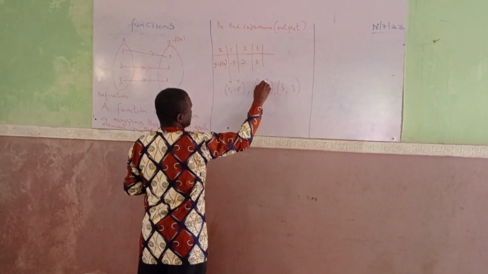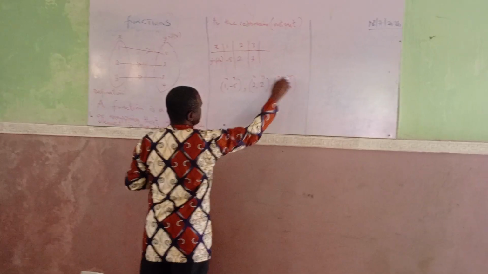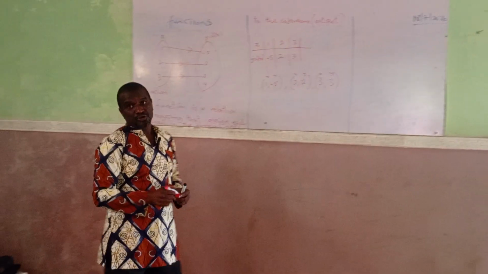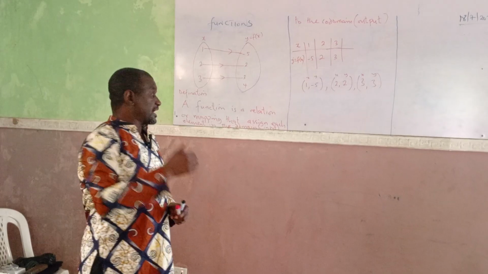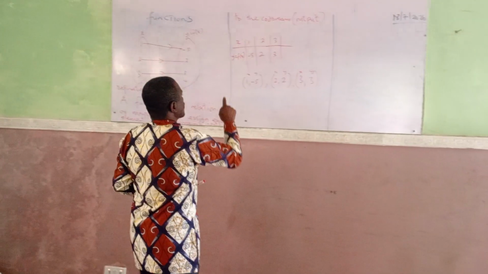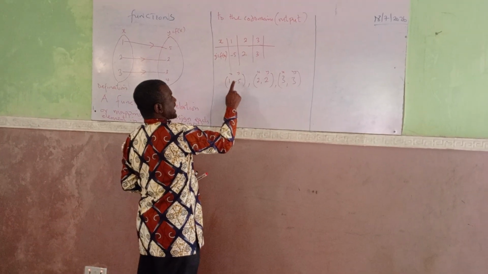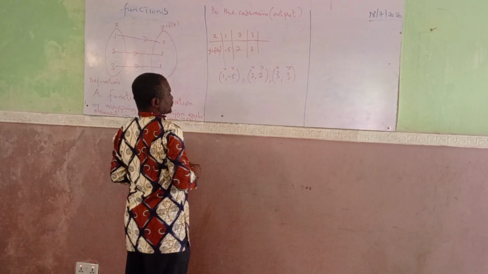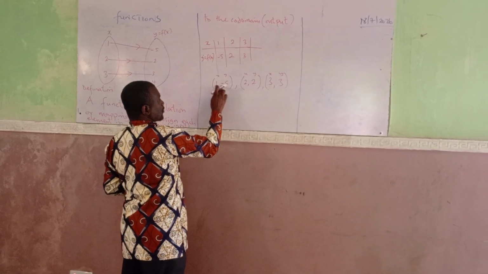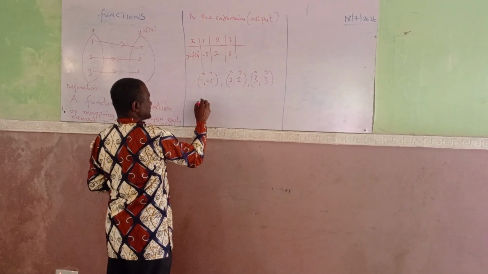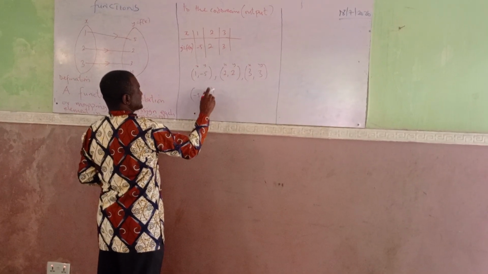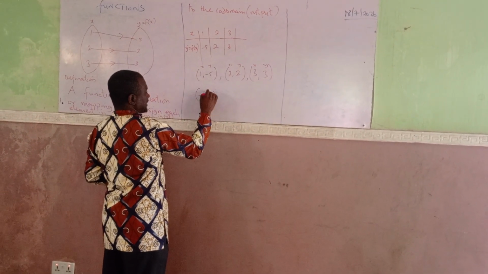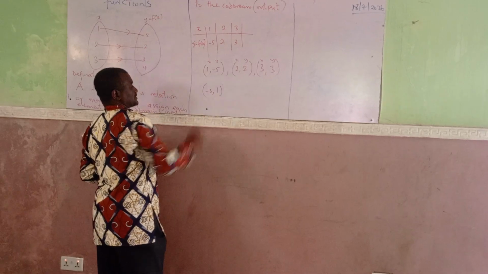It is an ordered pair, meaning it's an ordered arrangement where the x value comes first, followed by the y value. Another one like 1 comma minus 5 is not the same thing as minus 5 comma 1. This and this are not the same. This is not equal to this.